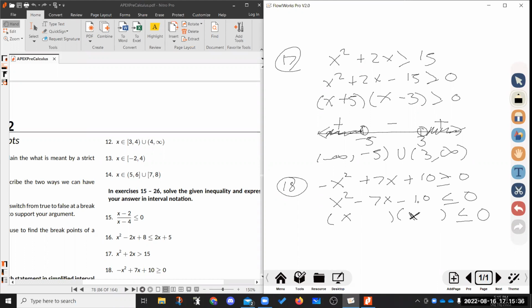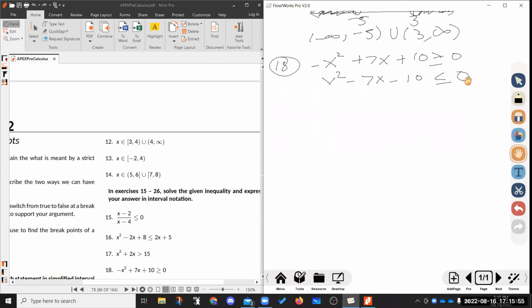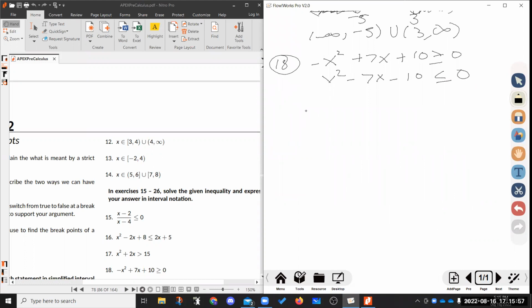So factors of 10 have a difference of 7. Not happening, right? So let's go ahead and solve this with the quadratic formula. So x is going to be equal to -b plus or minus the square root of b squared minus 4ac all over 2a.